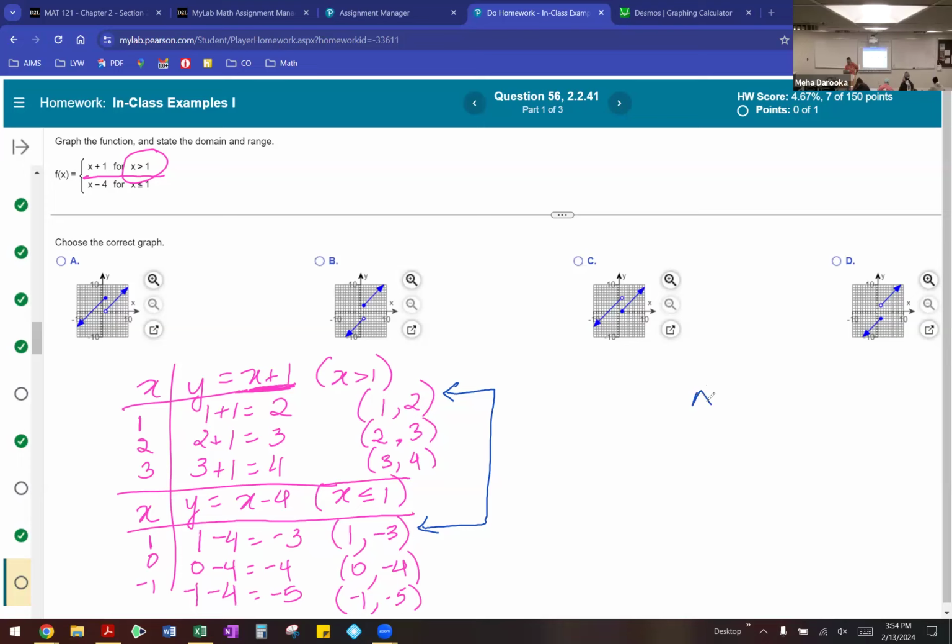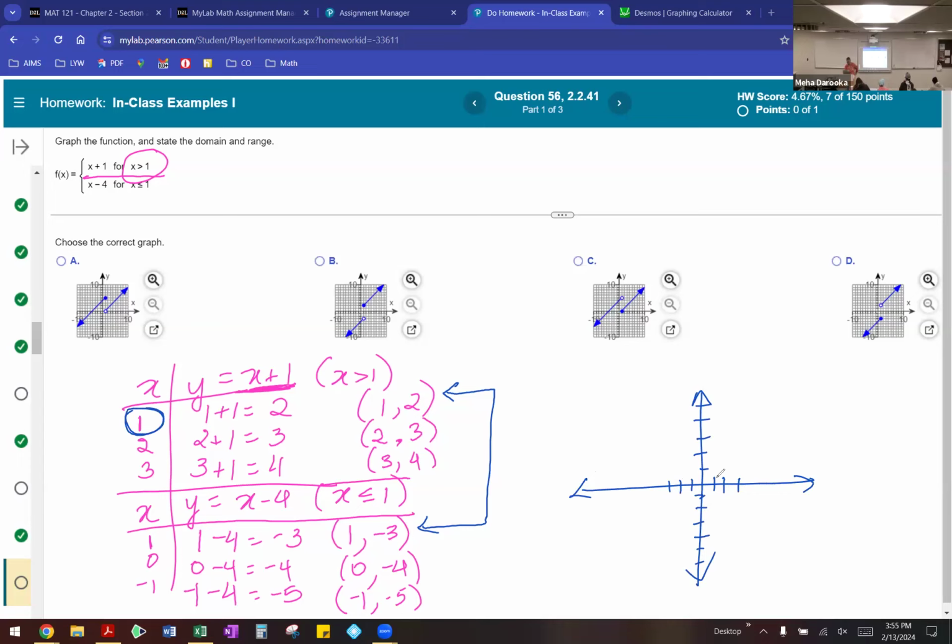Now, if you were to just graph this, I'm gonna do a rough sketch here, just to show you. 1, 2, 3. This is a very rough sketch, guys. I just want to give you an idea of what the graph looks like. So we did (1, 2), but remember here, the 1 was not included.